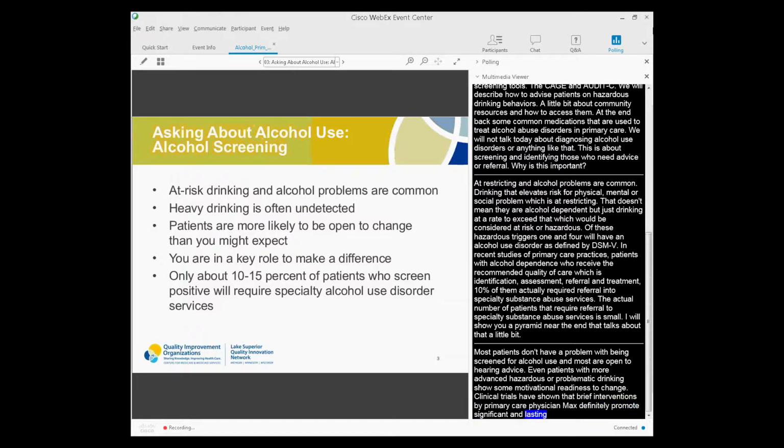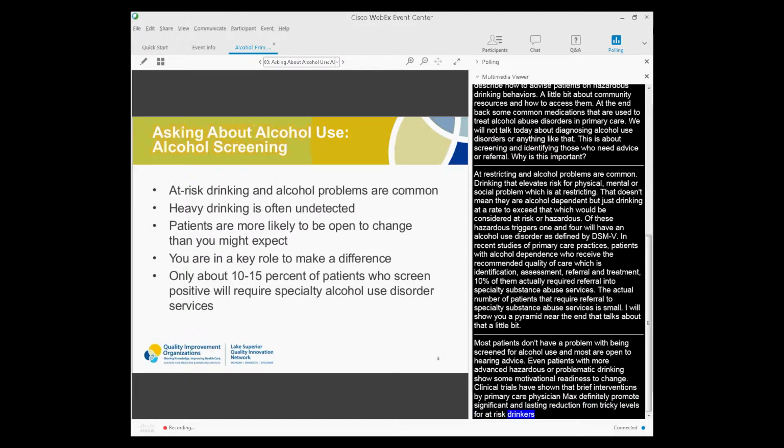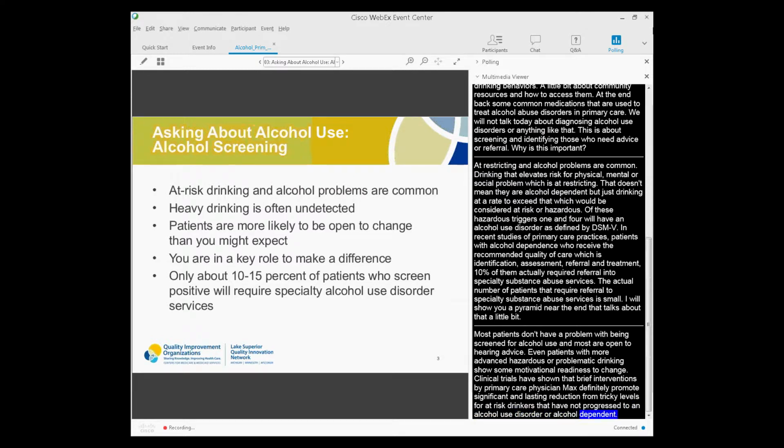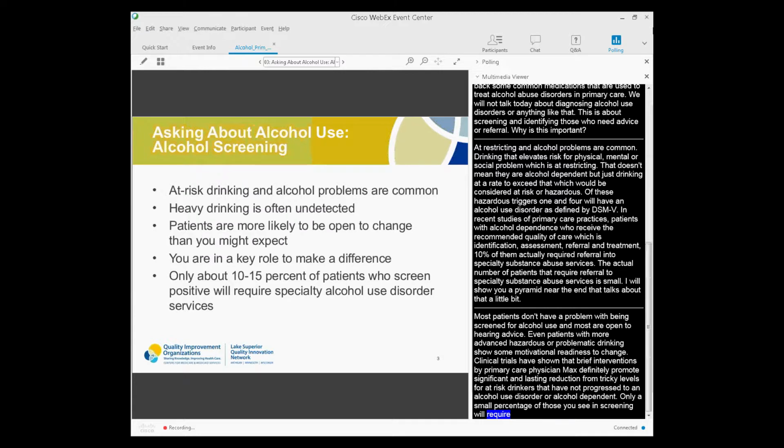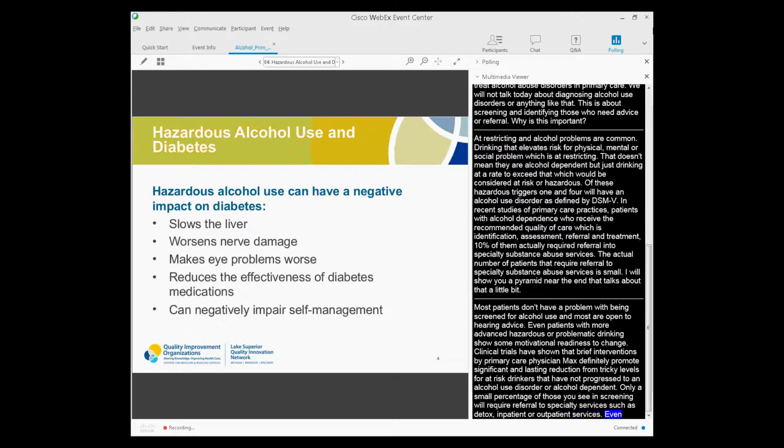Really only a small percentage of those you see and screen will require referral to specialty services, such as detox, inpatient, or outpatient services. Even those with severe alcohol use disorders will at times accept referrals to specialty services, and those that refuse initially might be accepting of those services in the future.